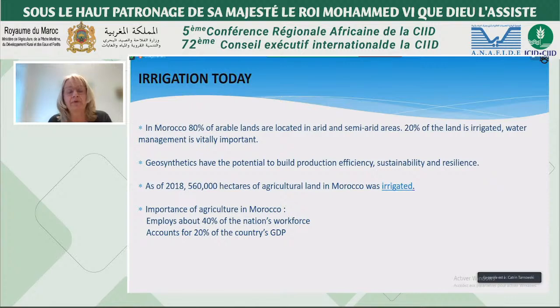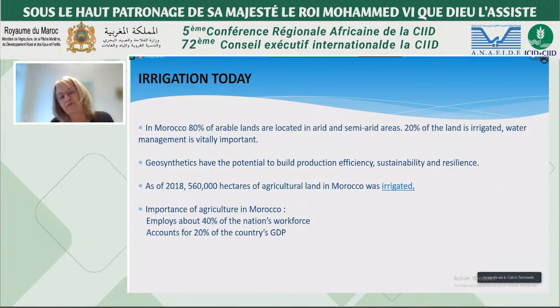Irrigation today. In Morocco, 80% of the arable lands are located in arid and semi-arid areas. Only 20% of this land is irrigated at the moment. And geosynthetics has the potential to build production efficiency and sustainability for such projects, so to build a really good pond structure.